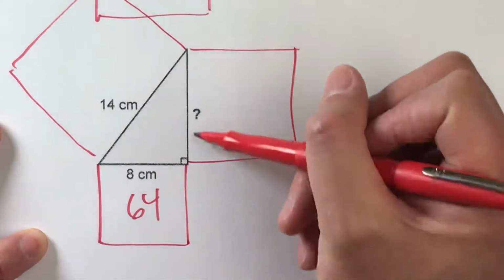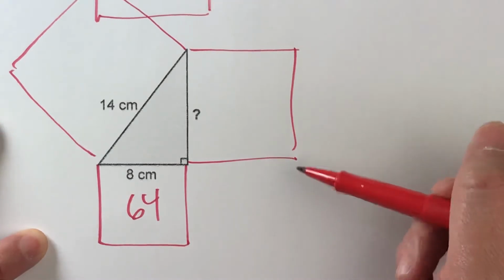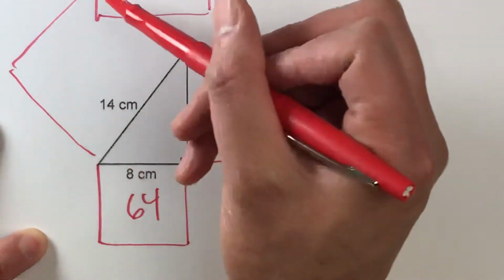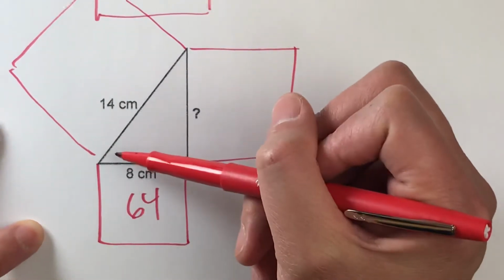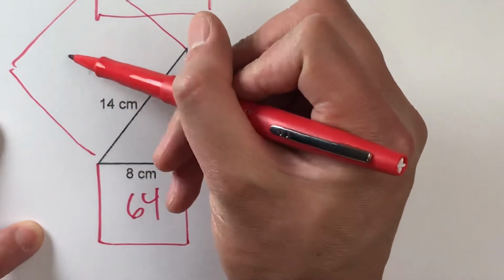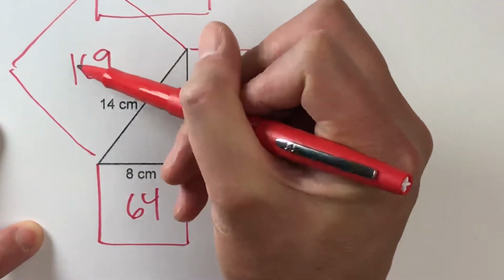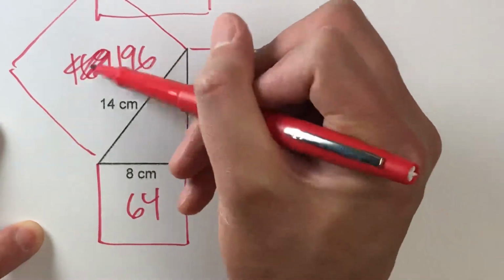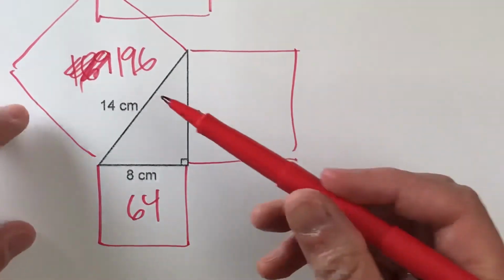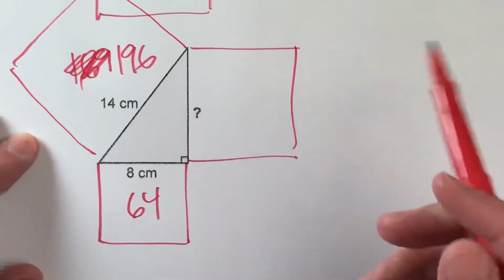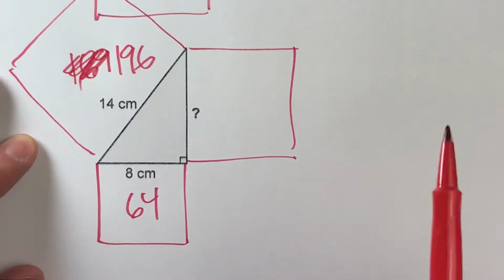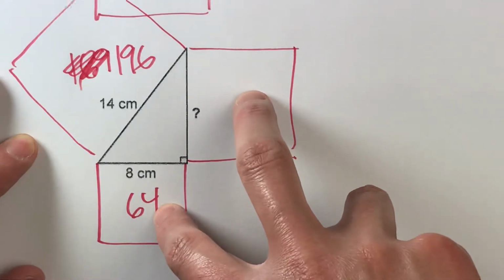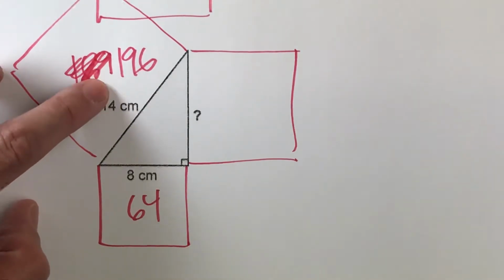We don't know the area of this small square, but we do know the area of this big square because the side length is 14. 14 times 14 is 169. Oh, 196, there we go. So the area of this big square is 196. Now, the Pythagorean theorem says that the areas of the two small squares have to add up to the area of the big square.